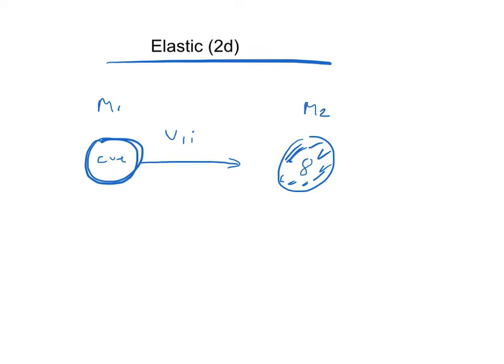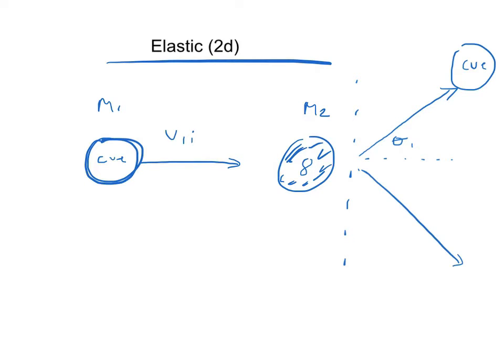Well, after they collide, let's say the cue ball is going off at some angle. We'll call this theta 1. And the 8 ball is going off at some other angle, theta 2, and here's our 8 ball.